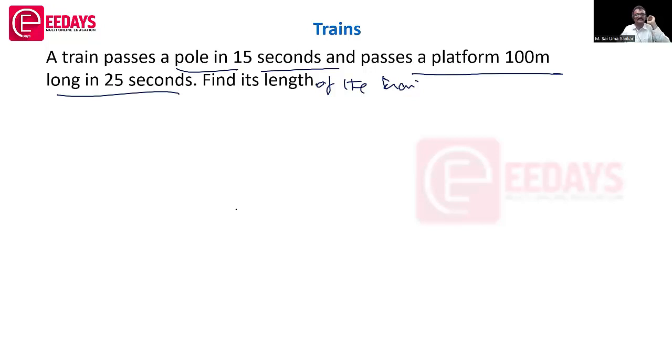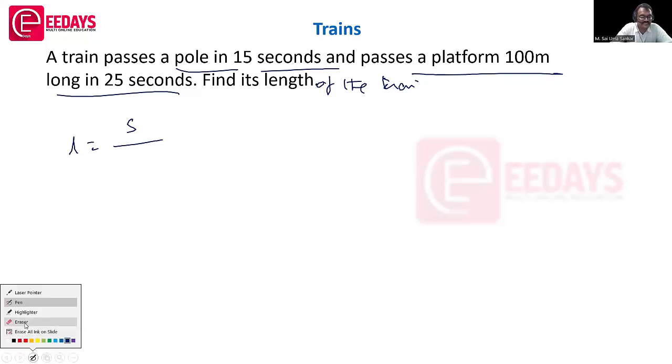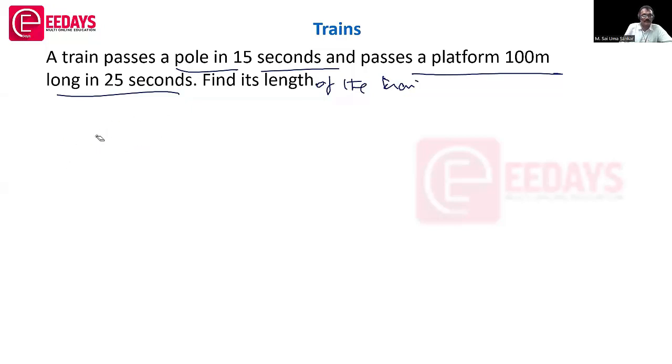Train length is equal to distance, that is speed into time. Train length is equal to S into 15. This is the first equation.